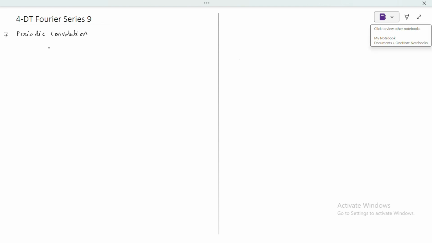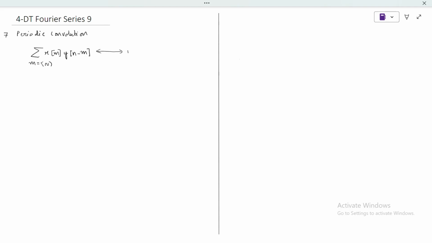Directly applying the convolution, x of n convolved with y of n becomes sigma x of m, y of n minus m. This is periodic, so we should take the sum within one time period.